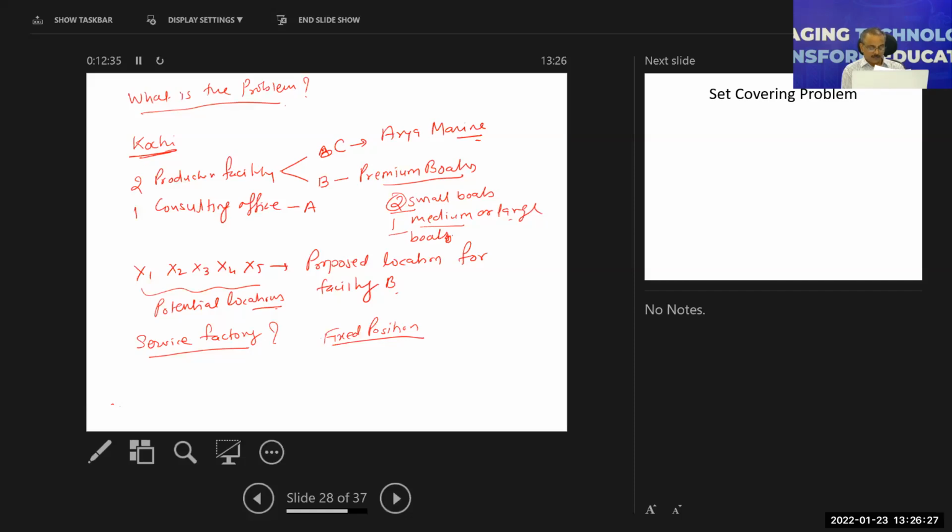For X2, it is 6,000 square feet of space available. For X3, it is 2,100 square feet. Similarly, for each, the monthly rental fee is given, and the distance from the NH66 is also given here.